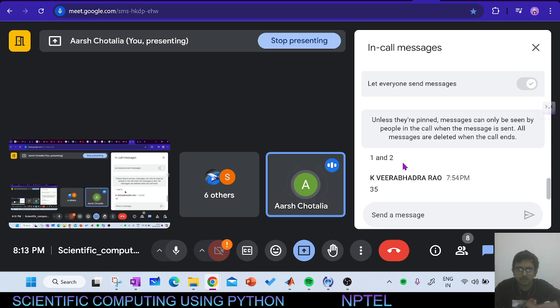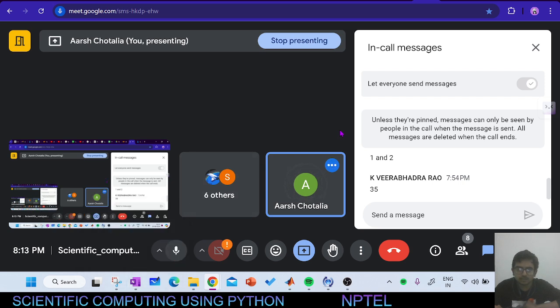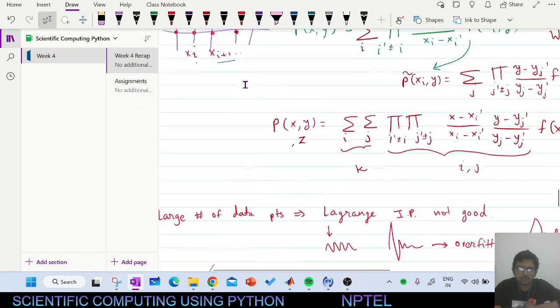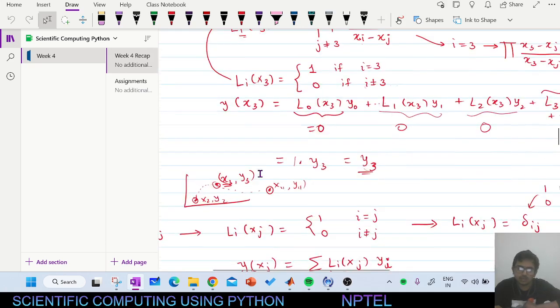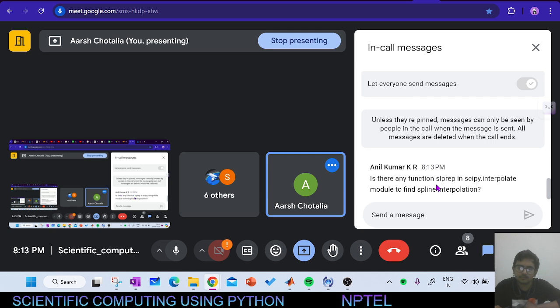No, that can't happen because the way the Lagrange polynomial is constructed, we saw that it will pass through all the data points. You can look at it again, but we saw that error becomes zero at that point. If you just plug in the value of any given data point in the formula for the Lagrange polynomial, you get the same data point as the answer. Okay, thank you.